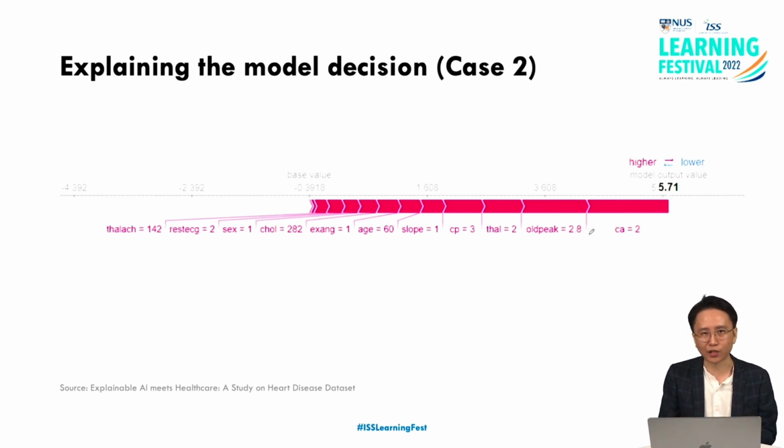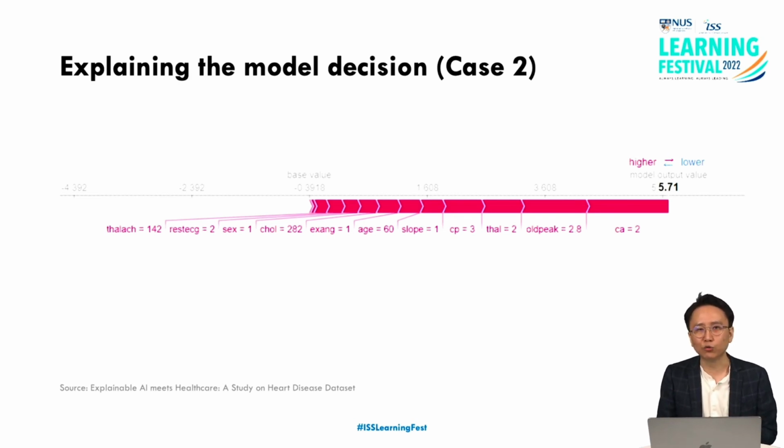His thallium test was also not okay, which can be seen by the feature THAL. These three features were the major factors that led to the classification. Of course, the other features also play a part, but the three features contribute almost half of the deviation from the base value.